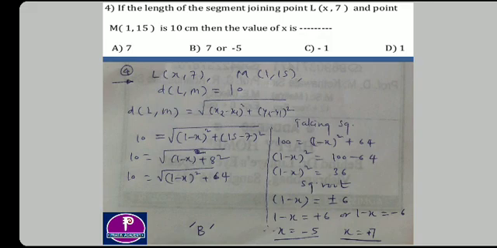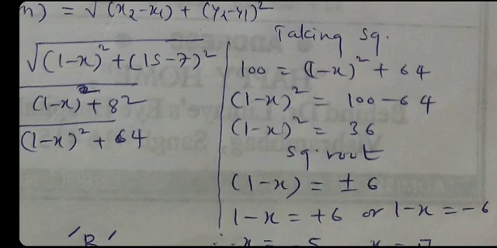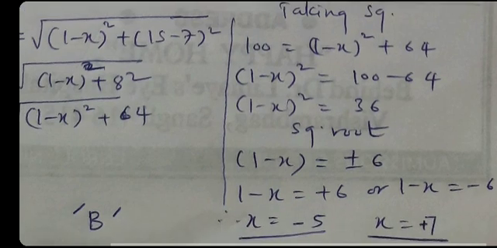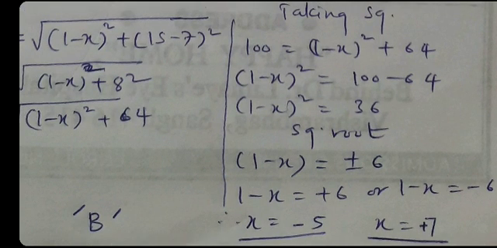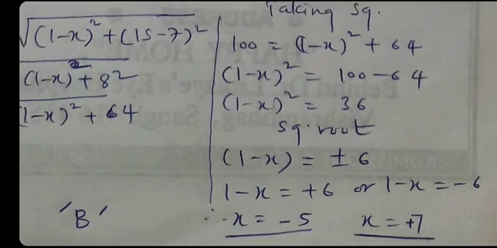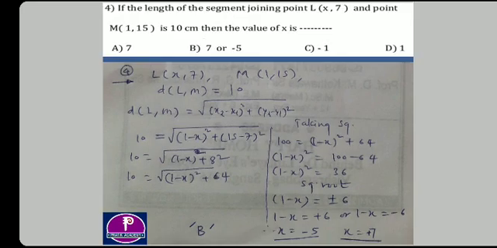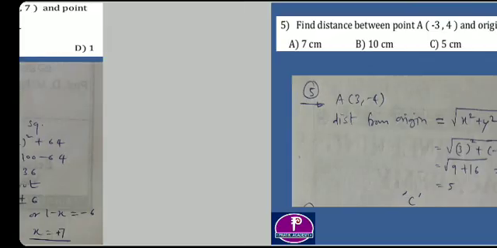The distance between L and M is given as 10 centimeter. Put the values of x2, x1 here. We get two values of x. (1 minus x) square is coming 36 here. So taking square root, we get plus minus 6. Then using plus 6, we get x is equal to -5, and using -6, we get x is equal to 7. Okay, so option B, 7 or -5, is the correct one.